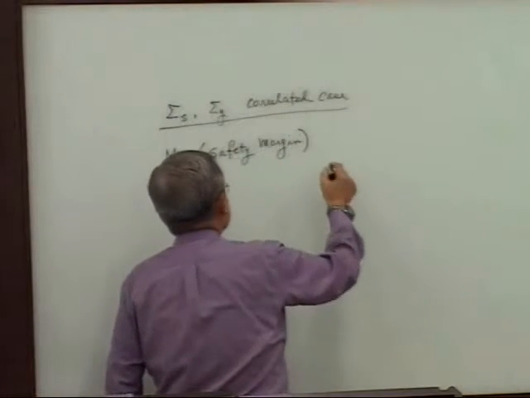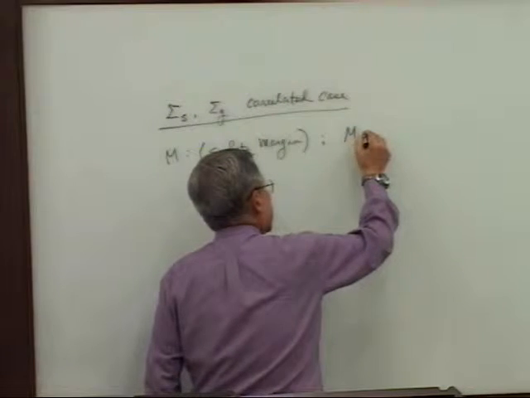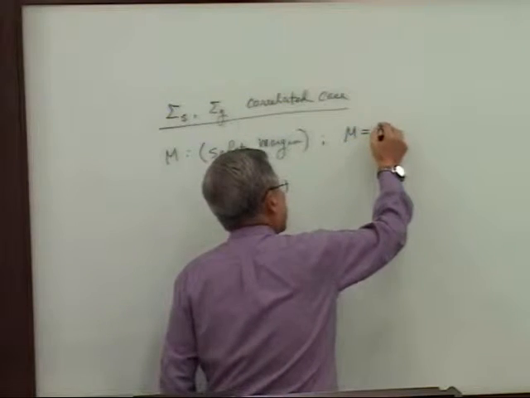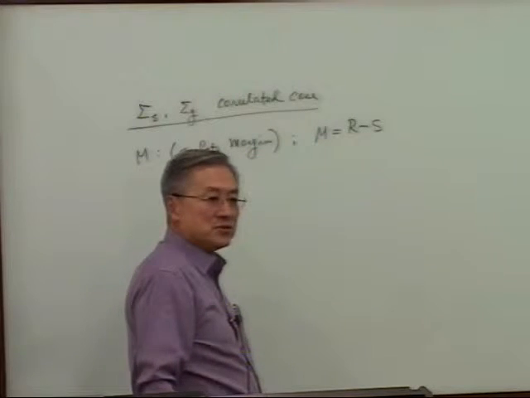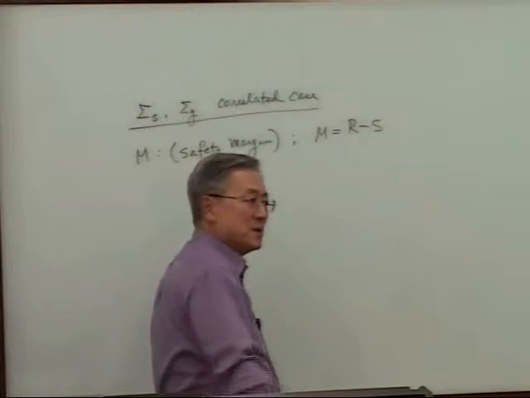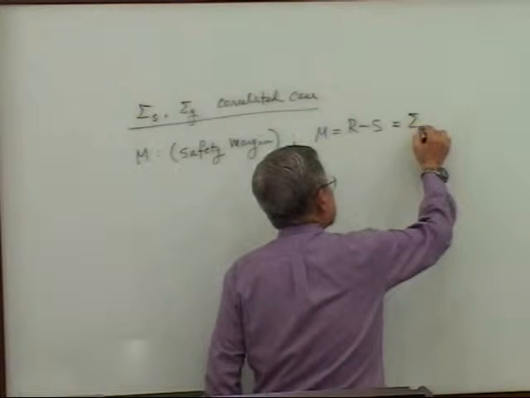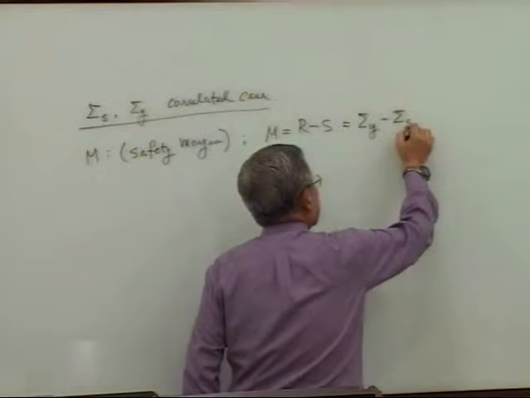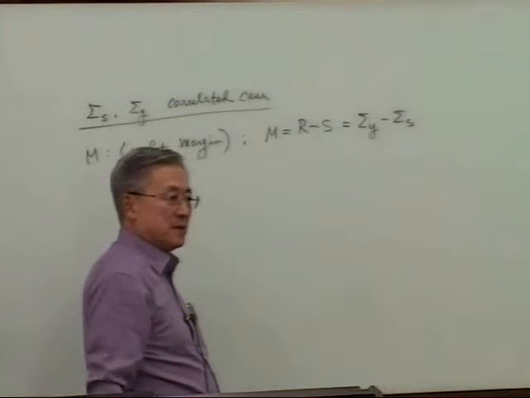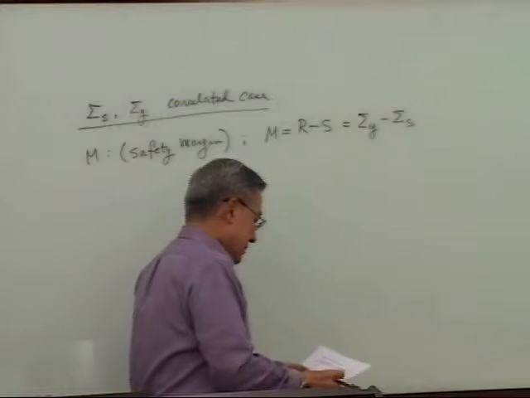Using the same notations we are using right now, M is equal to, before I used R minus S. That's one type of notation I was using initially, but it shouldn't matter, right? The notation we are using is yield minus sigma S, so nothing to confuse.